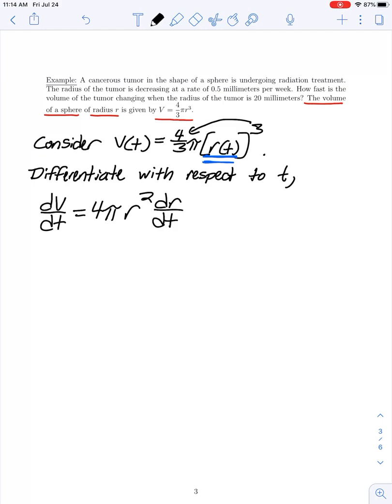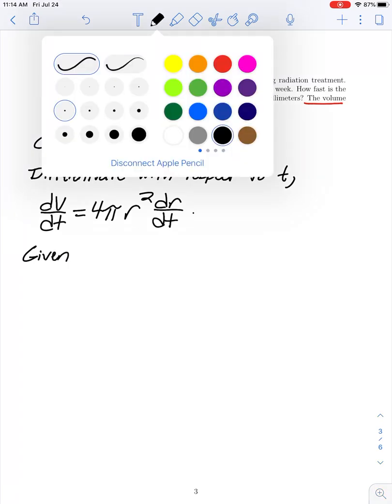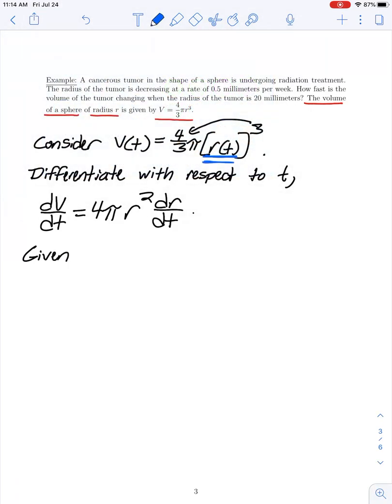So now let's substitute the given information into this problem. Let's look back at our problem statement and see what we're given. Here, we're told the radius of the tumor is decreasing at a rate of 0.5 millimeters per week. So that is the rate at which the radius is changing, or the derivative of r with respect to t. Now we're told the radius is decreasing, which means that our derivative is negative.